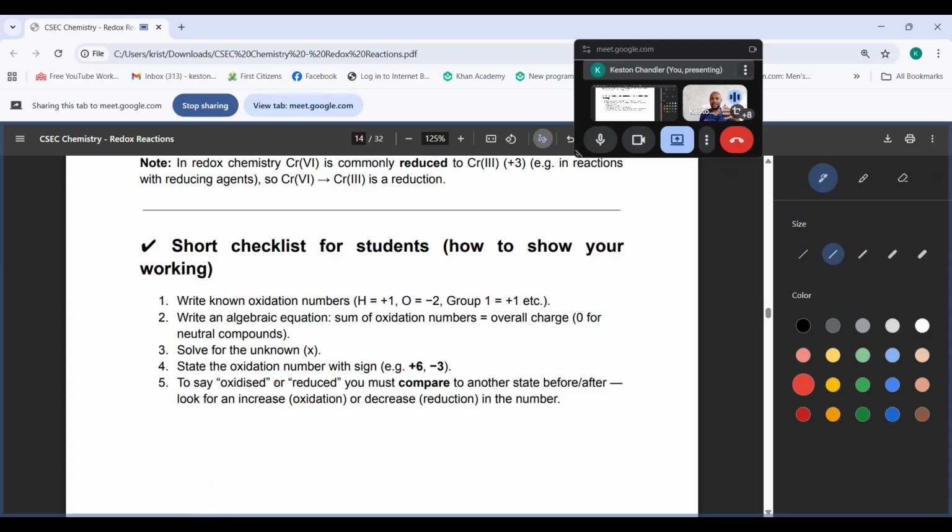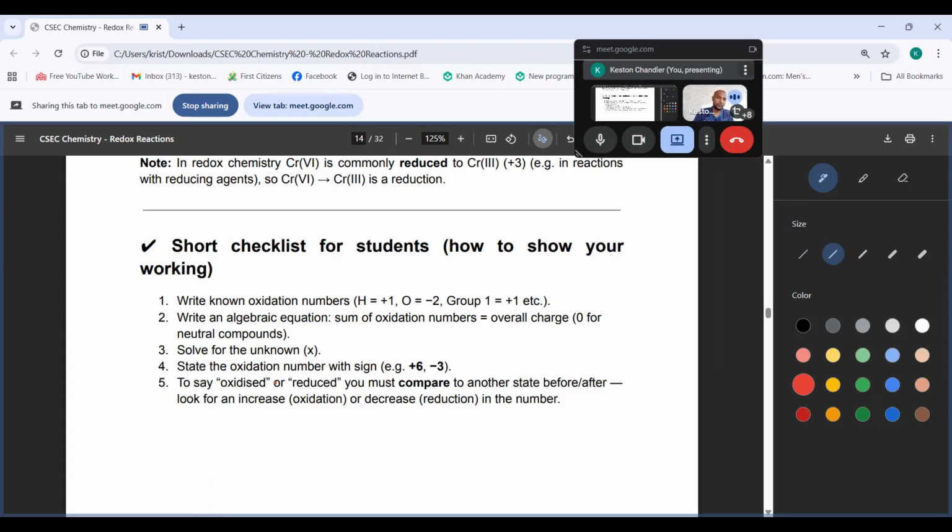Remember, an increase in the oxidation number would suggest what? That you lost electrons. If I went from 0 to +2, that's an increase, right? That would mean that I lost electrons. So that means it was oxidized. If I went from +2 to -1, that would suggest a decrease.